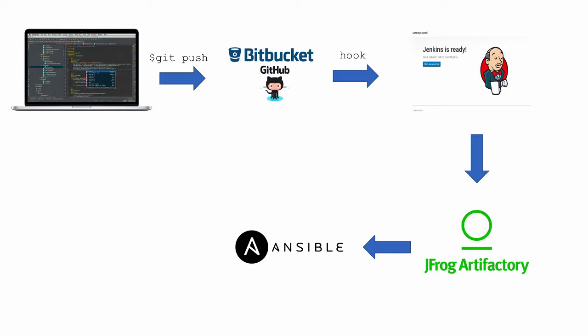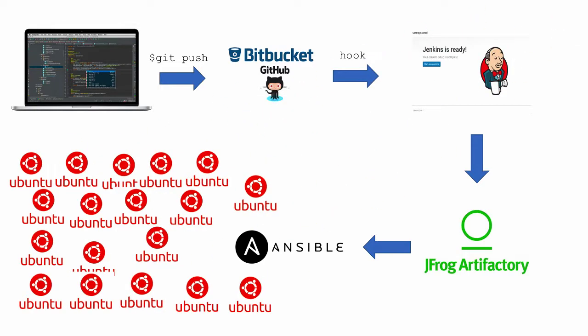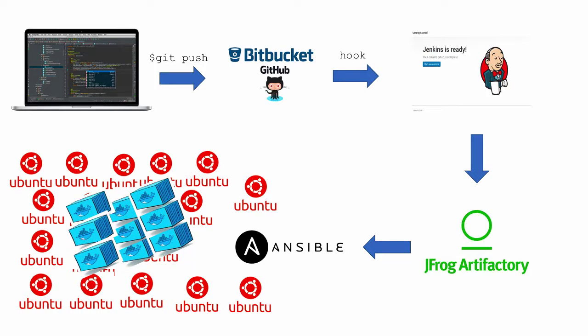And we provision to all our servers. And finally, we provision the containers on those servers. So this is a really effective way of provisioning software to our servers. Ansible is really a good tool for doing this.